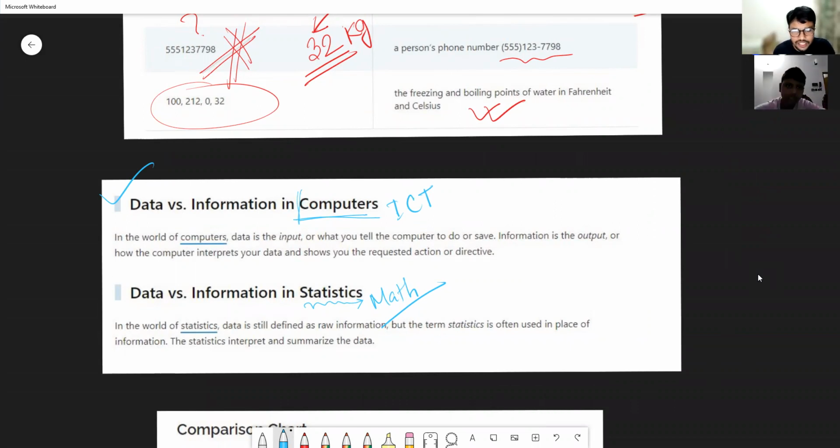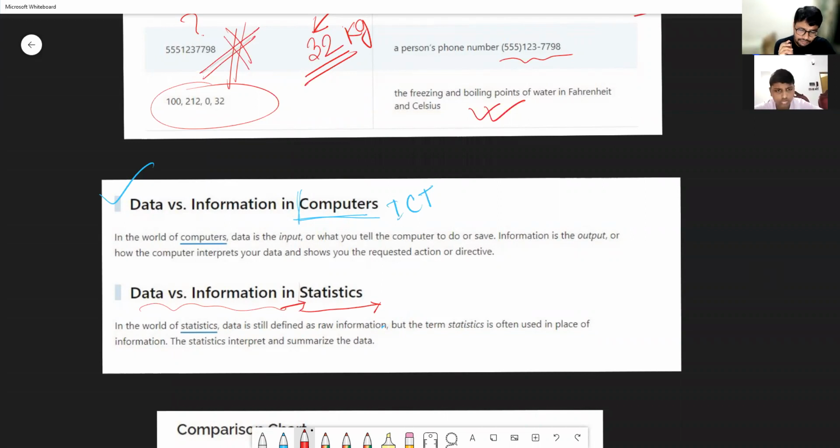In mathematics, statistics and maths, data and information in the higher classes, up to class 7 or 8, after class 8 this content gradually becomes statistics.